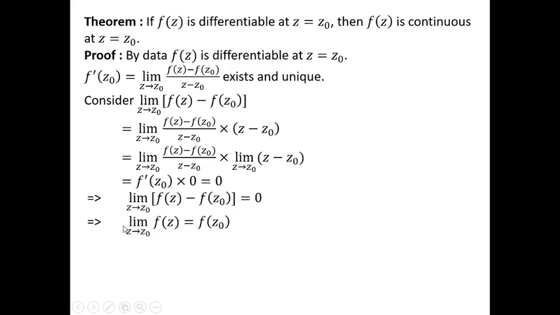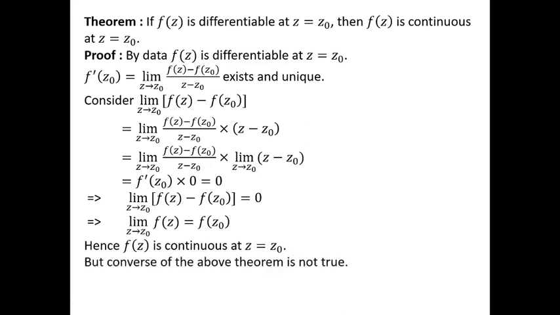Hence, this shows the last condition of a continuous function. Hence, the given function f(z) is continuous at z = z₀. Hence, we conclude that every differentiable function is a continuous function.